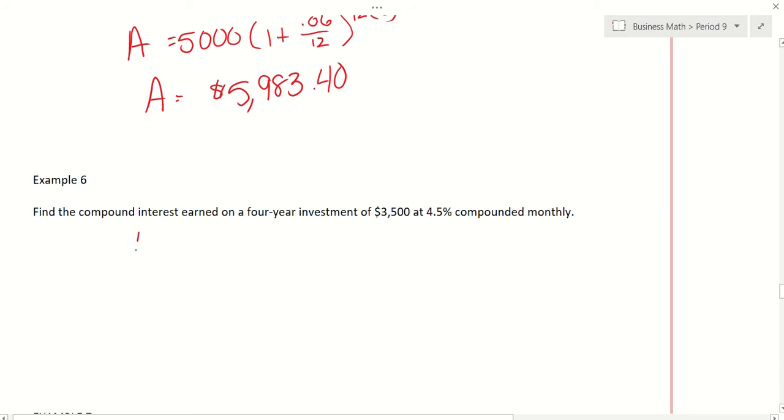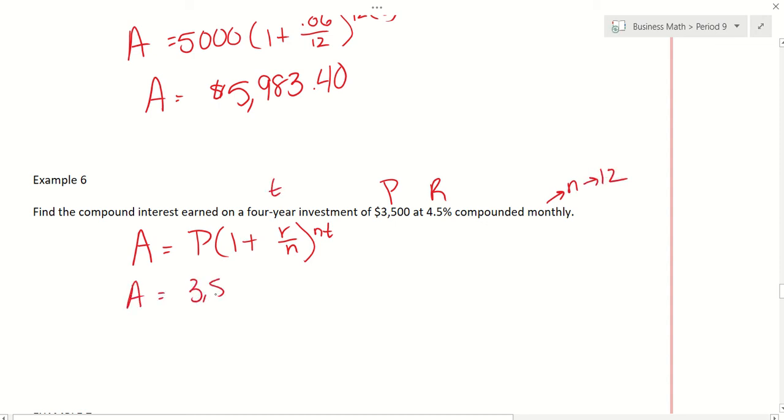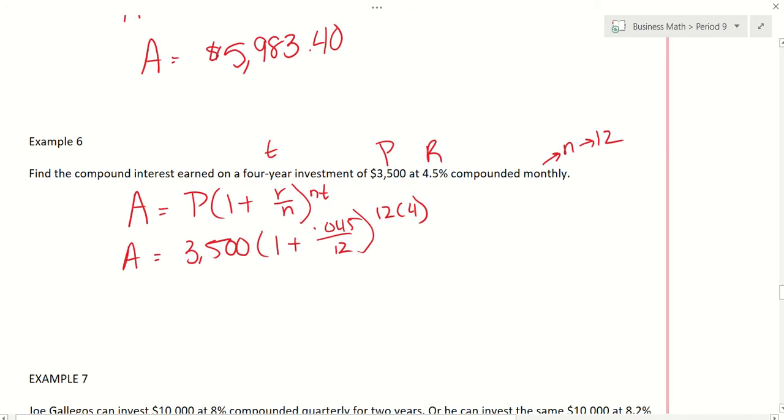Okay, here's my work. A equals P times parentheses 1 plus R over N to the NT. Here's my P, here's my R, here's my N of 12, and here's my T. Plug them all in. 3,500, 1 plus 0.045 over 12, 12 times 4, and the answer for future value, $4,188.85.